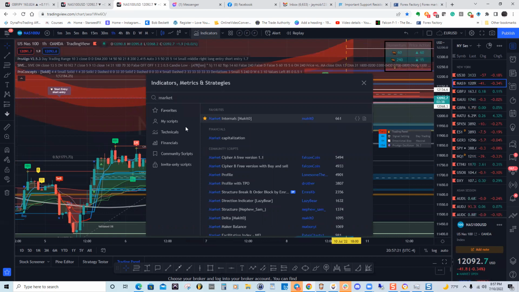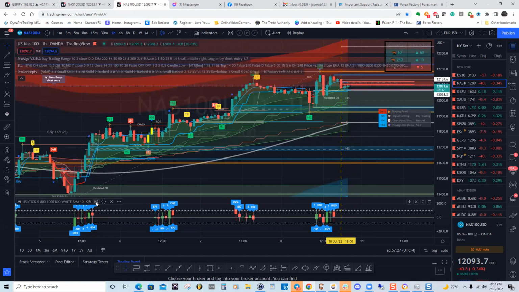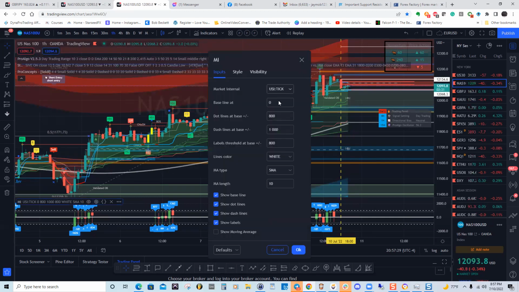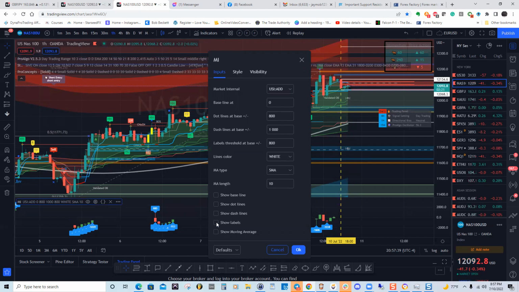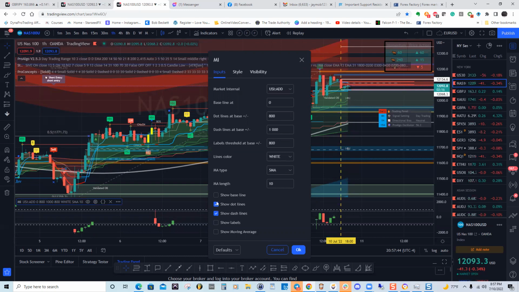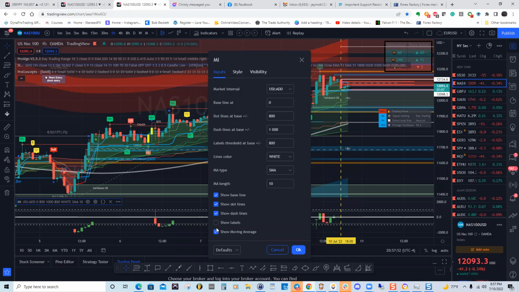This down here. And let's see if I take this AD and take these off. Like that. Make sure that lines, right? Baseline. Show labels. No labels. Show moving average. Like that, I guess. So we do that.